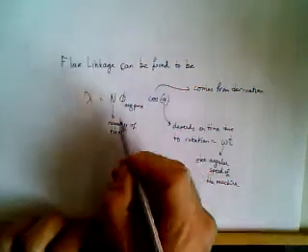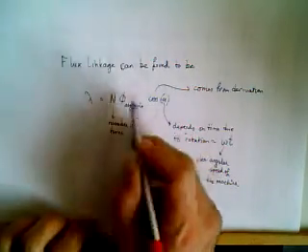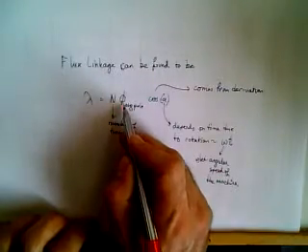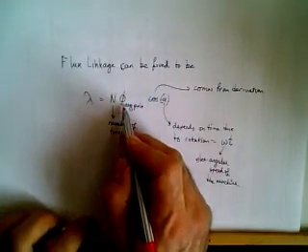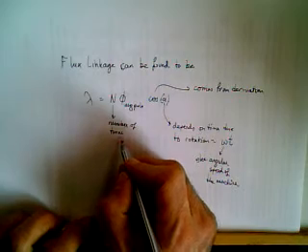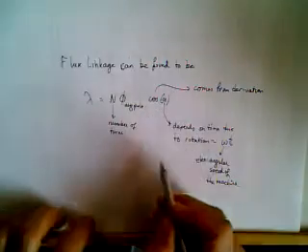From the flux, we can calculate the flux linkage. It's the number of turns times the flux under the pole. This number of turns is the number of turns of the coil in the armature, on the rotor side.